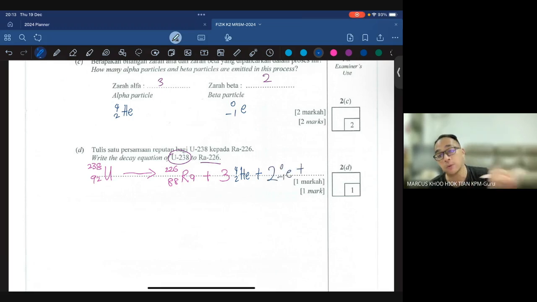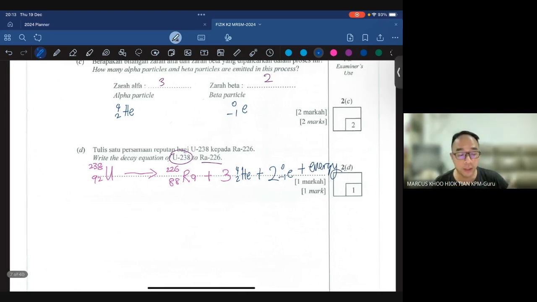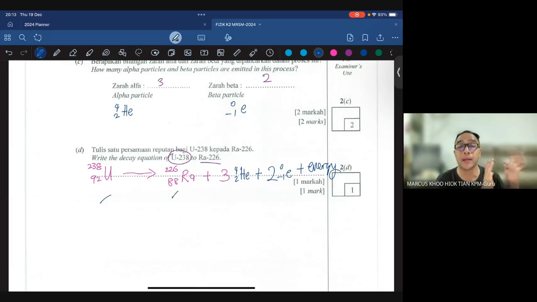And don't forget our most important one, which is energy. This is a simple equation to write because all these numbers are in the diagram. The one that you have to really focus on is to make sure that you don't forget that alpha is helium 4, 2 and beta is electron 0, negative 1.